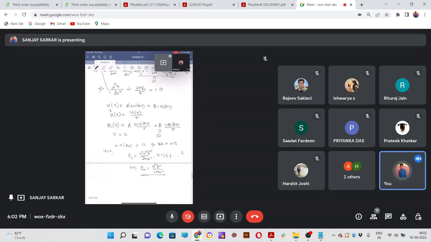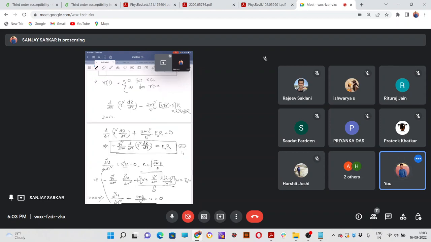So as we have found that R of r is, since b is 0, a sin kr by r, and k is n pi by a. So if we put the value of k, sin n pi r by a, by r. Now for ground state, n equal to 1, that is sin pi r by a divided by r.